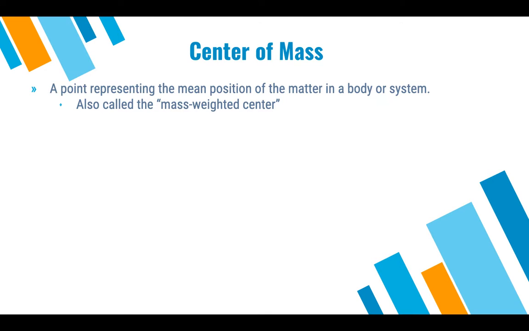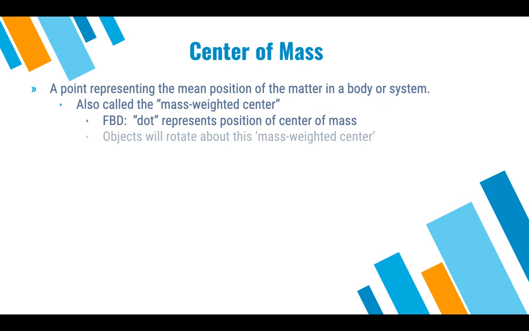Naturally, if an object were to rotate, it would rotate about that fixed position, its mass-weighted center. Again, on our free body diagrams, that dot that we've been drawing represents the position of an object's center of mass. For normal geometric objects, the center of mass is usually at the center of that object.